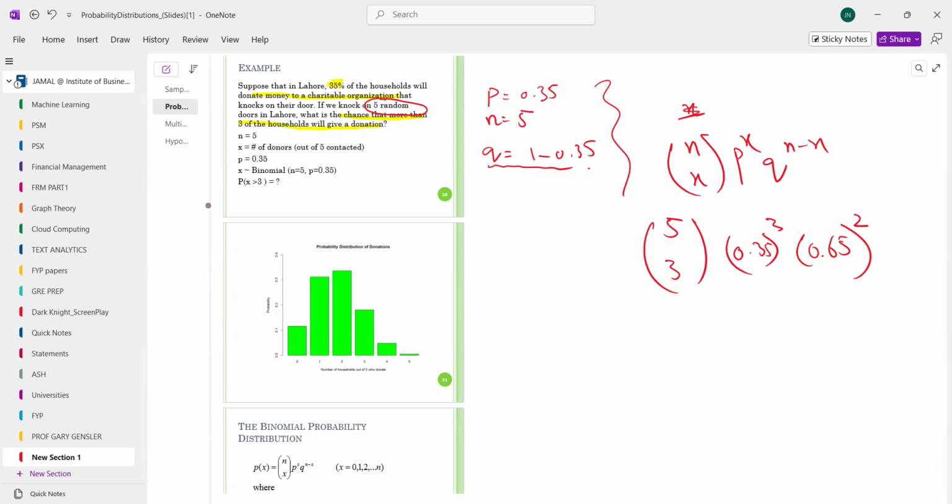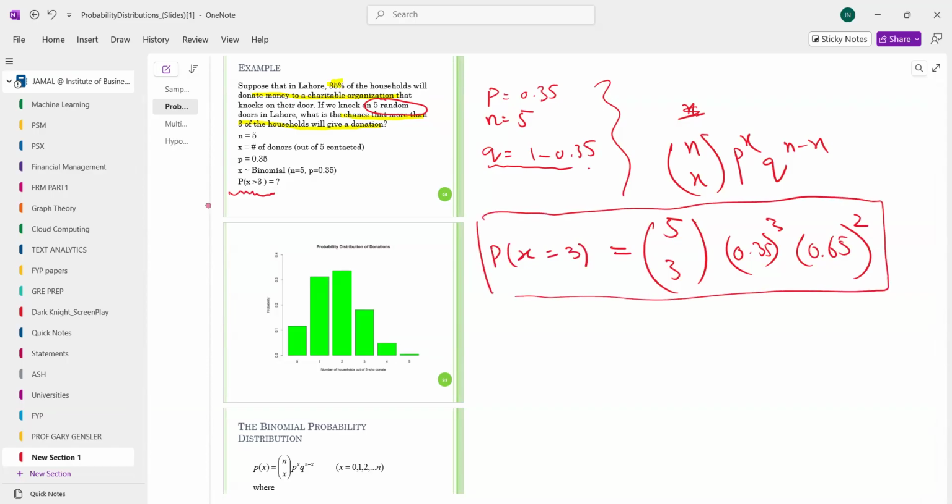But look at the question. This formula is going to give you the probability that exactly three households will make a donation, the probability that three out of five are going to make the donation. But you need to know the probability that more than 3 will make the donation.